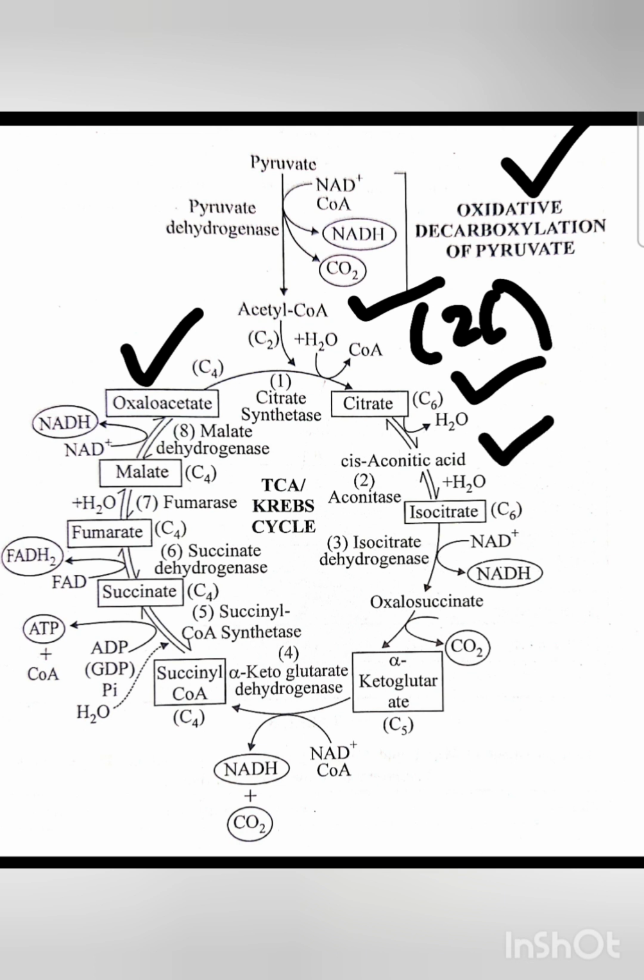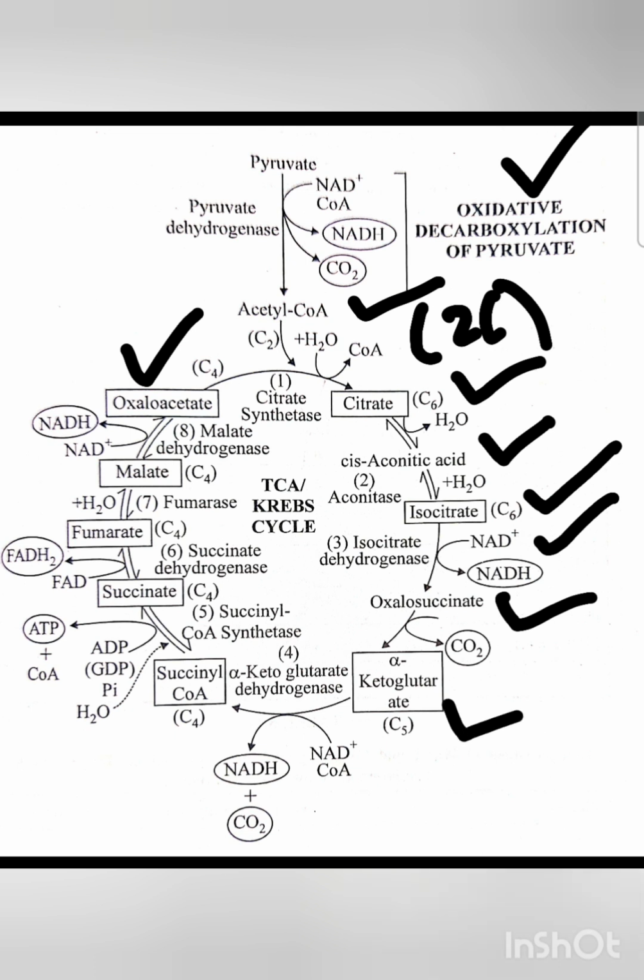Then one unstable compound, that is cis-aconitic acid, is formed. Then by the presence of aconitase enzyme, isocitrate is formed. Then after isocitrate, oxalosuccinate, another unstable compound, is formed, and one NADH is also released during this reaction.